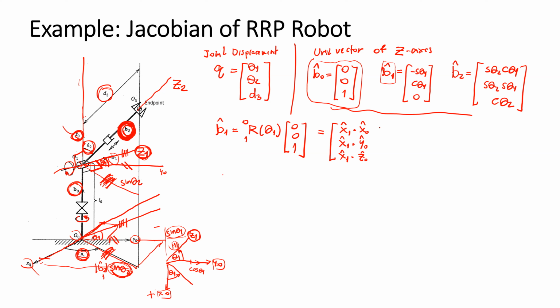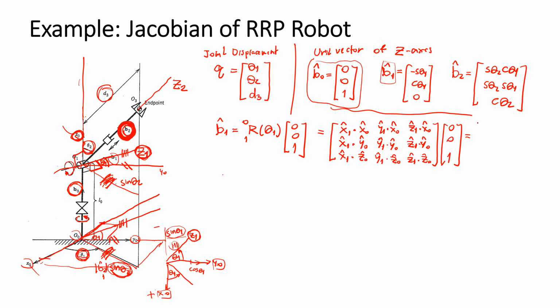We have y1 dot x0, y1 dot y0 and y1 dot z0, and we have the new z-axis dot x0, z1 dot y0 and z1 dot z0, and multiply by 0, 0, 1.